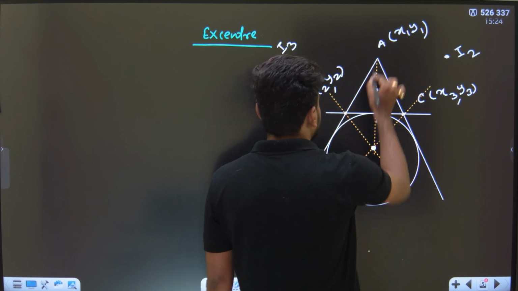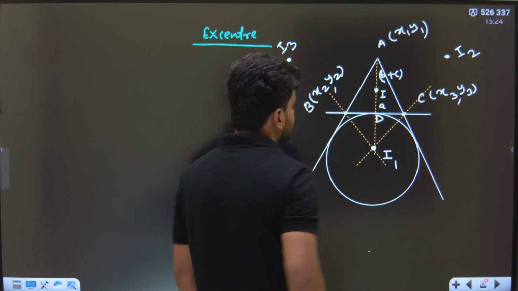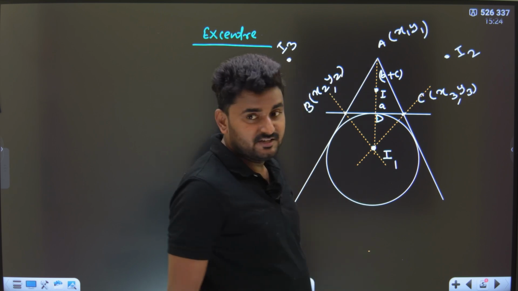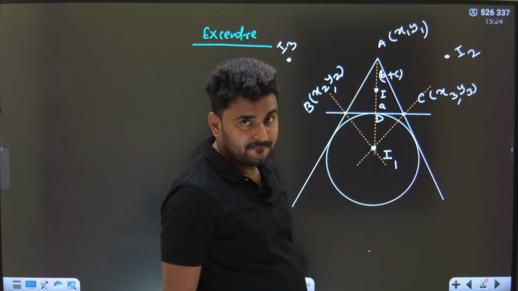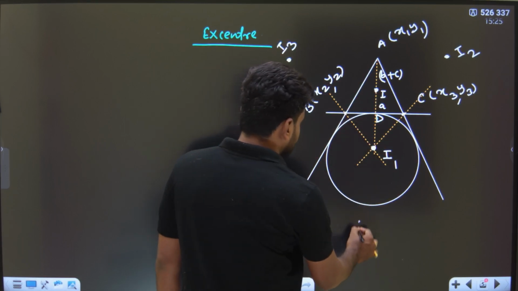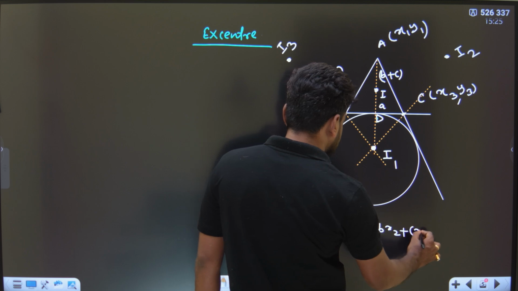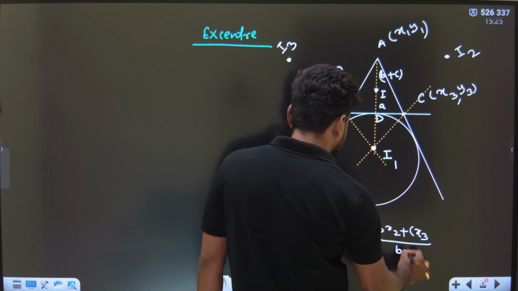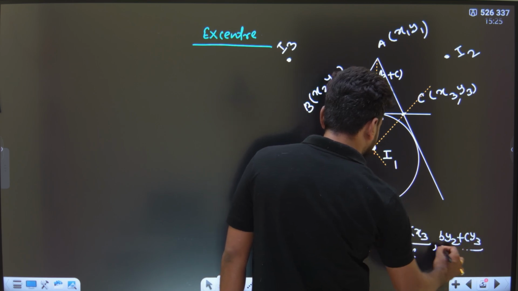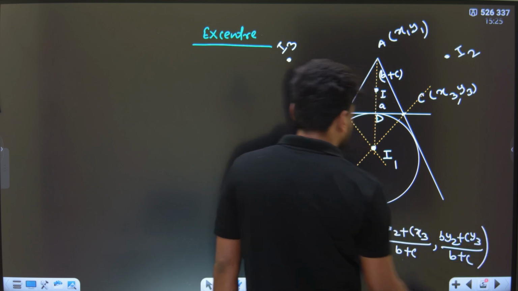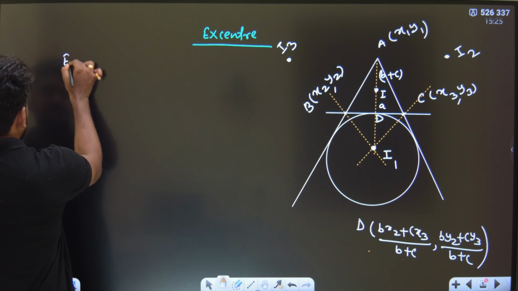You have A and B plus C, meaning this I divides this AD internally in the ratio of B plus C ratio A, and also you have the coordinate of D. You have found that it is (Bx2 plus Cx3) upon B plus C, and (By2 plus Cy3) upon B plus C. So this I1, I want to find the Excentre.